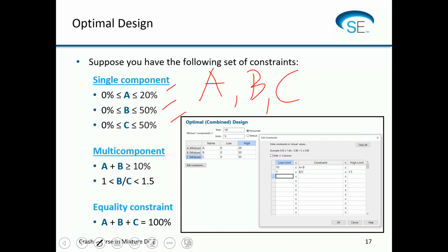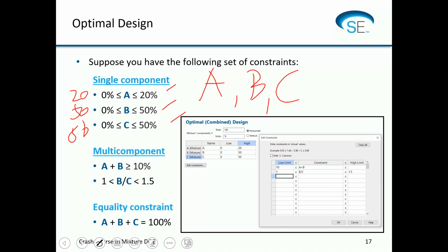So they don't all go from 0 to 100. This one has a range of 20, this one has a range of 50, this one has a range of 50. So I cannot use any design based on a simplex unless I change my bounds, which I shouldn't be doing, because my bounds are supposed to be based on scientific knowledge.